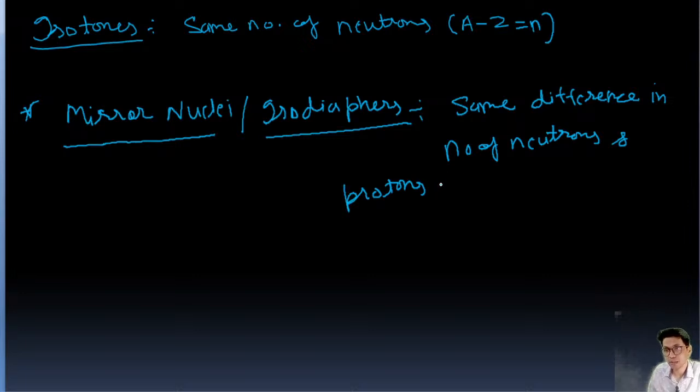So the difference between the number of neutrons and protons is the same. These are called mirror nuclei or isodiaphers.